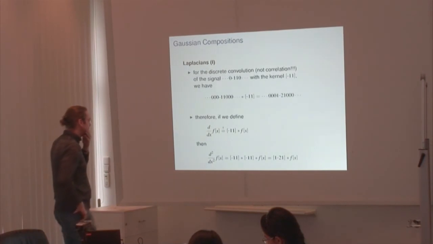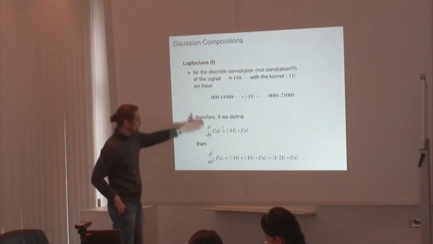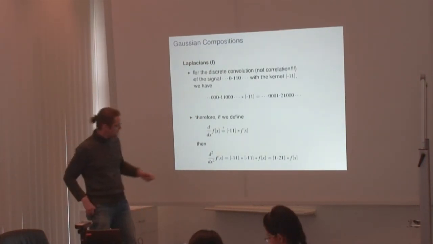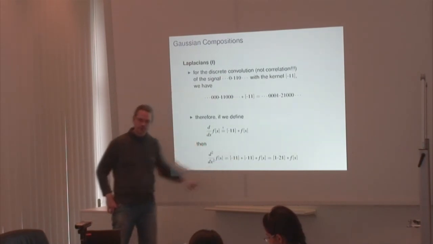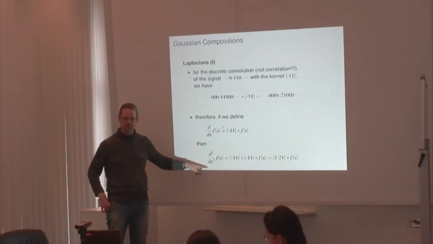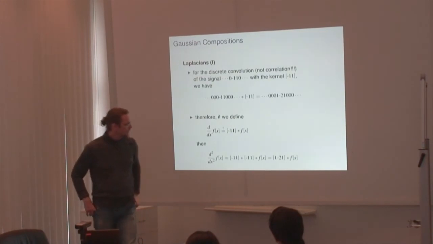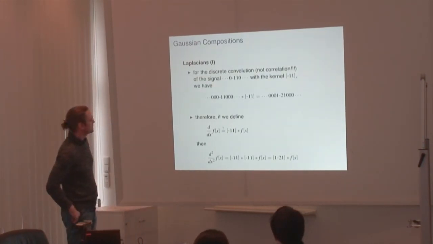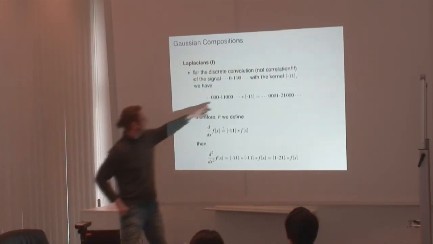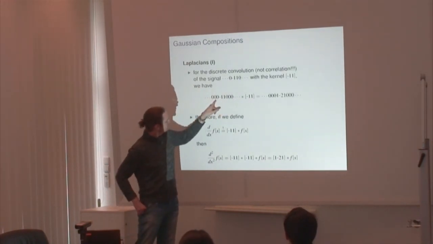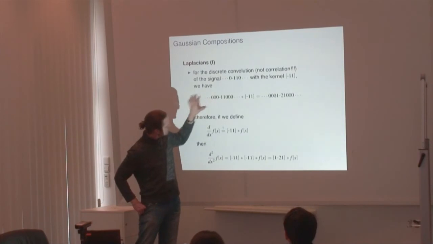Now then, this is the first order derivative. Well, if we do it twice, we should then get the second derivative, right? And this is actually what has happened here. This is the convolution of this signal with this mask.